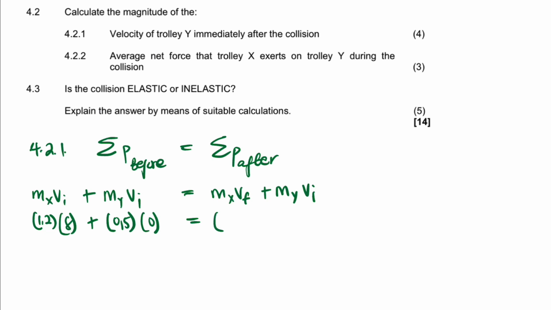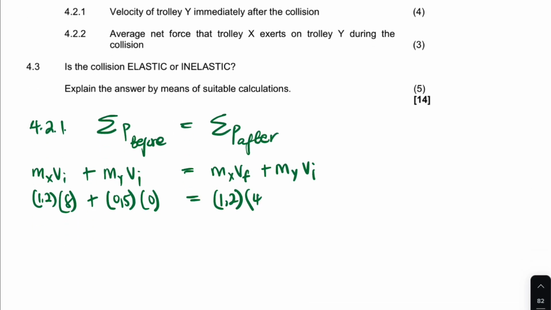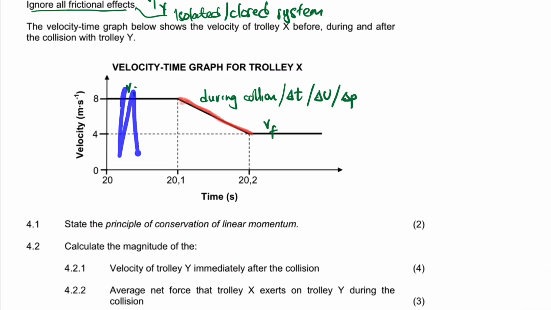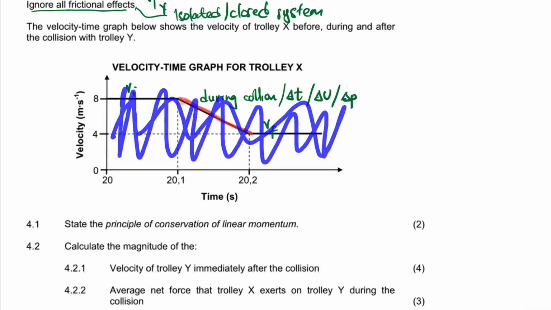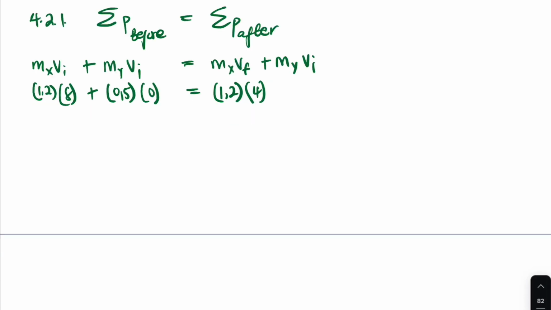And then the mass of trolley X, 1.2, and its final velocity, which is still in the same direction, so it's positive 4. If you look at the graph here, they're above the x-axis, which is the same direction, so it's positive 4 and positive 8 there.